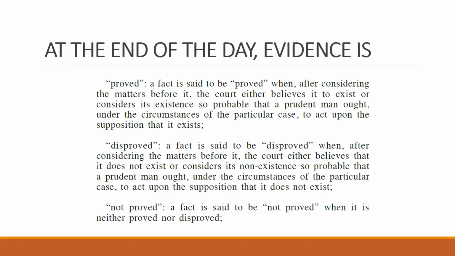You look at the particular evidence, like the one I have brought to your attention, which is the knife. At the end of the day, how is this knife going to influence the ultimate outcome? The court will not say the knife is true or false, or that it is not a genuine one.